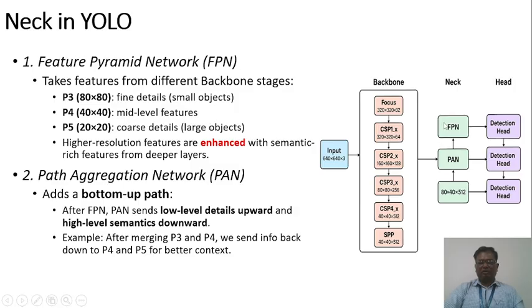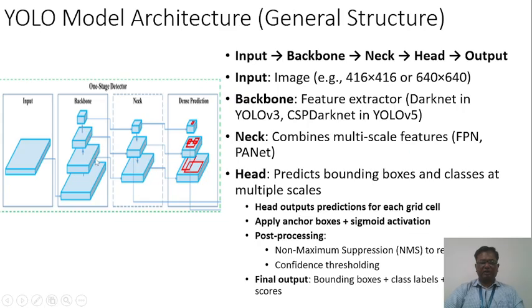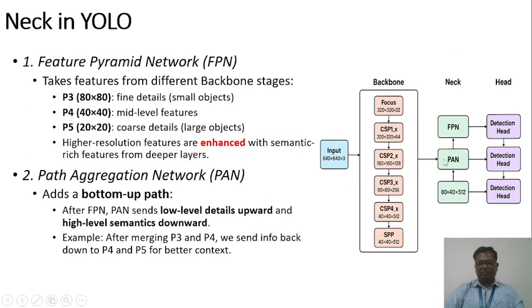All this is done at the neck level, compressed in PAN, and passed to the head. Now you can see the architecture. Here this small box is drawn because smaller object details are identified, then medium level, the middle one, then the bigger one. Any bigger objects in the image are identified. Now all these are combined, which is done in PAN.